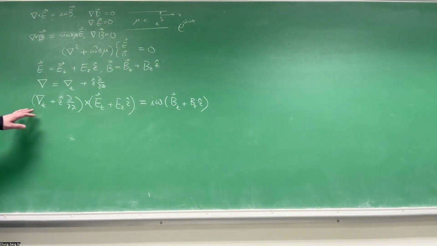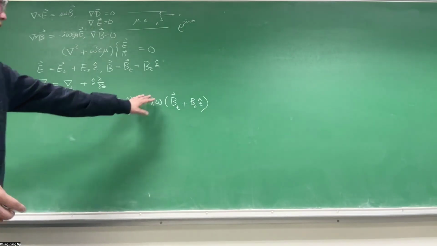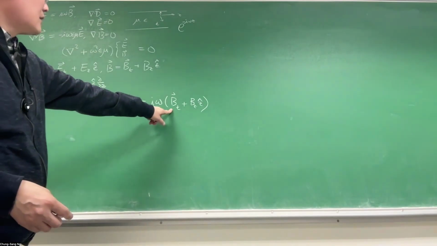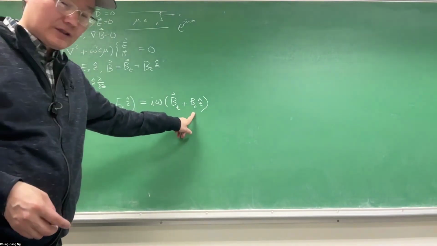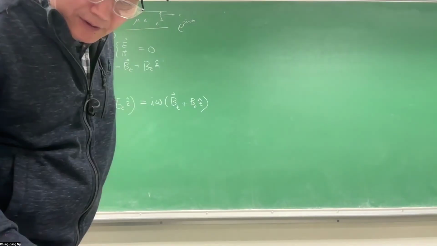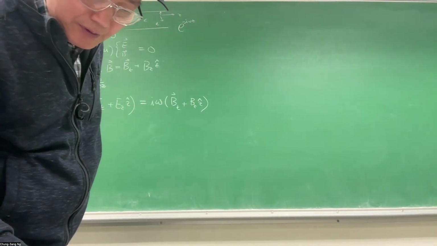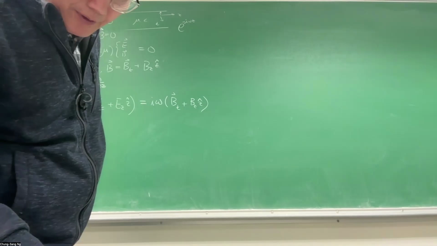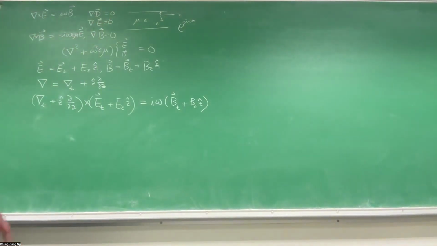Okay, so after we separate the two components, obviously there will be two equations, one involved in the transverse direction, the other in the z direction. Right, and that would be the two equations in 8.23. Okay, let's see how we can do that.